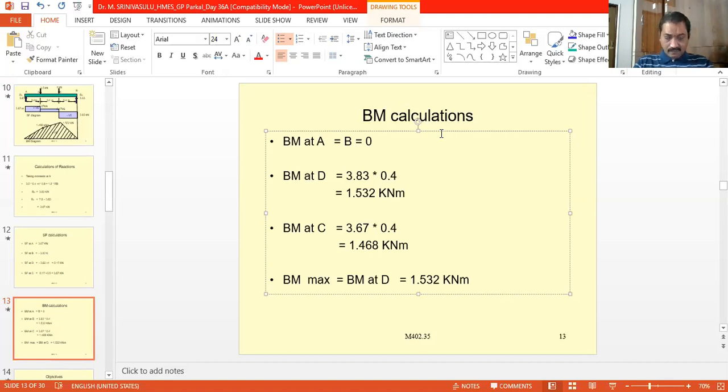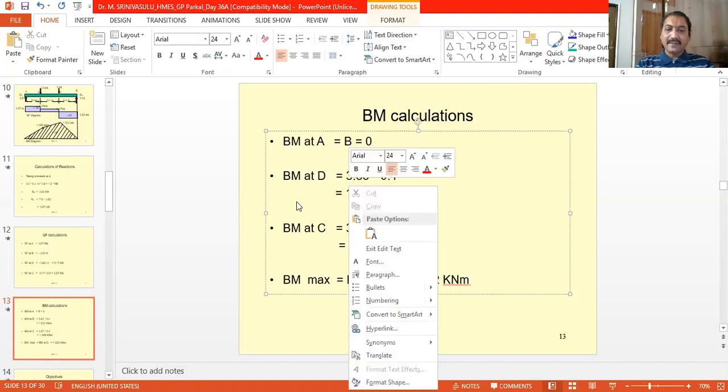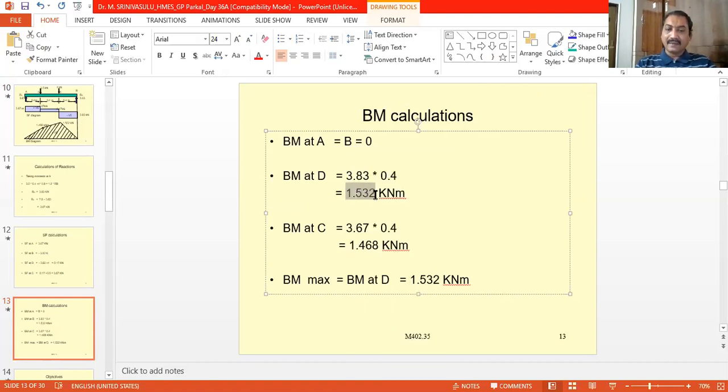If you compare the bending moments at all the points, the bending moment is maximum at point D, and the value is 1.532 kN meters. So this is the maximum bending moment occurring in this case, at point D.